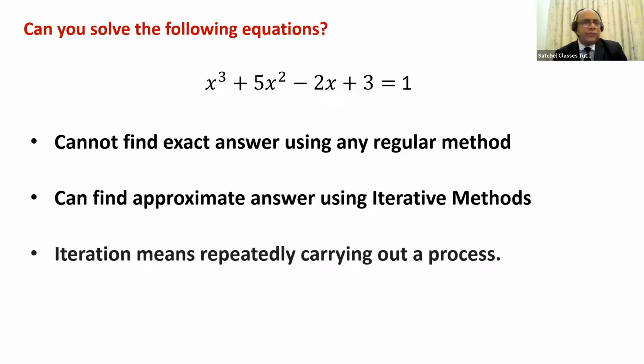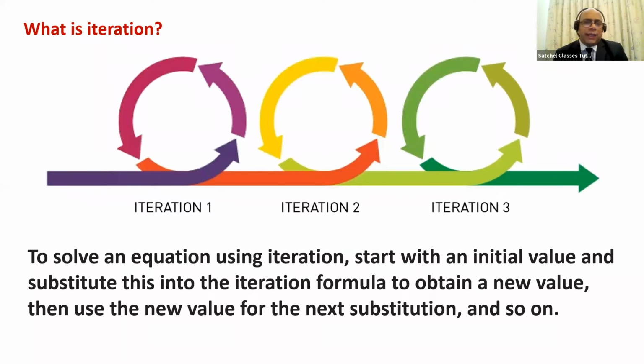Now, what is iteration? Iteration means repeatedly carrying out a process. So there's a process, you keep carrying out that process until you get a refined version of the answer, the output. And that's something which is the best or the refined version. For example, the iteration works like this. To solve an equation using iteration, you start with an initial value, right? You substitute that into the equation. So obviously you will get a first value as the output.